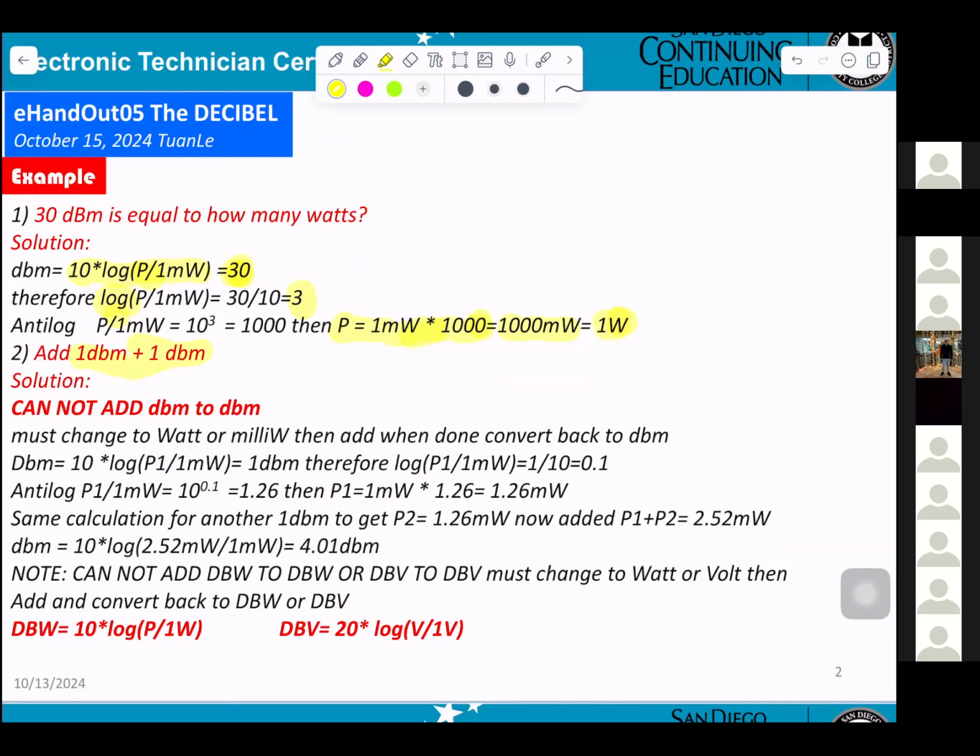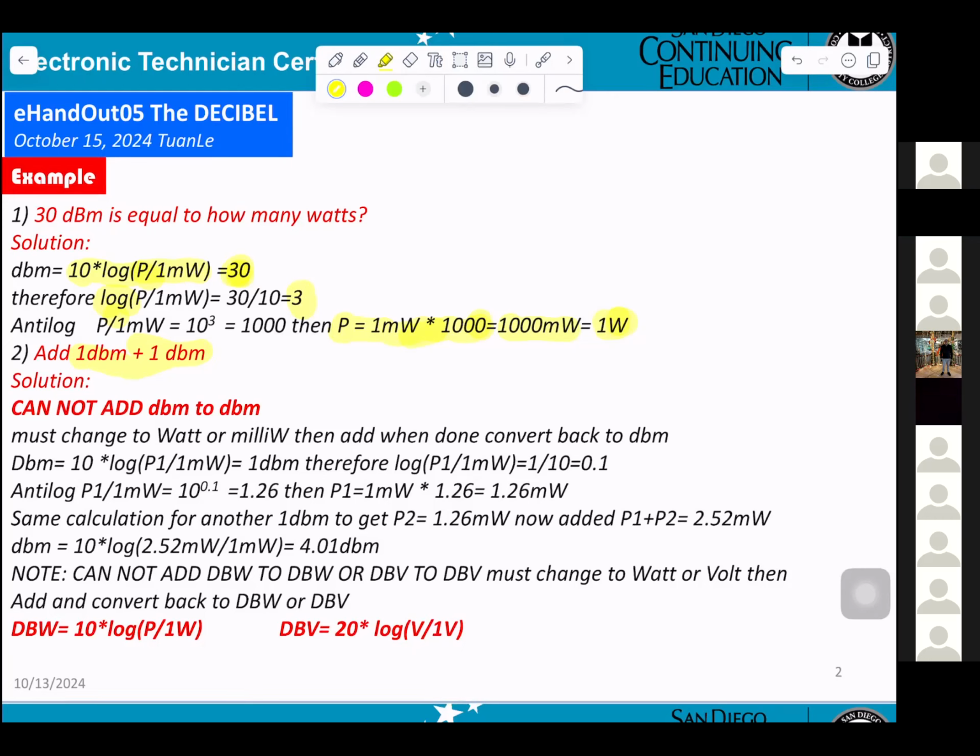First you have to change the dBm to watts, milliwatts, or kilowatts. Then you can add. After you add in watts or milliwatts, kilowatts, then you convert back to dBm. That is the key point.